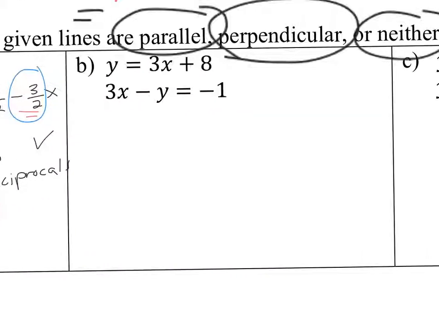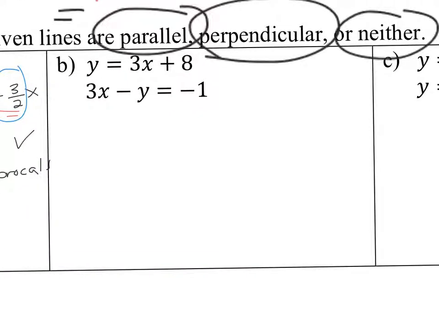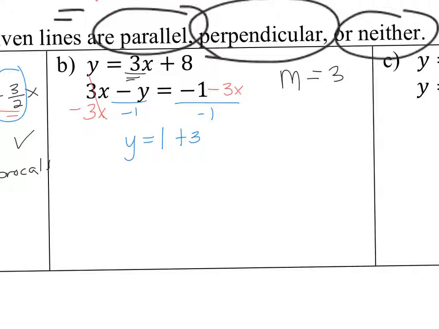Okay, letter B. What you want to do is figure out the slope of each line. So this is already in slope-intercept form, so the slope is 3 for that equation. Then I'm going to solve for y with this equation. So be careful, you have a negative y, so you have to divide both terms over here by -1. So it's 1 plus 3x. So this has a slope of 3.